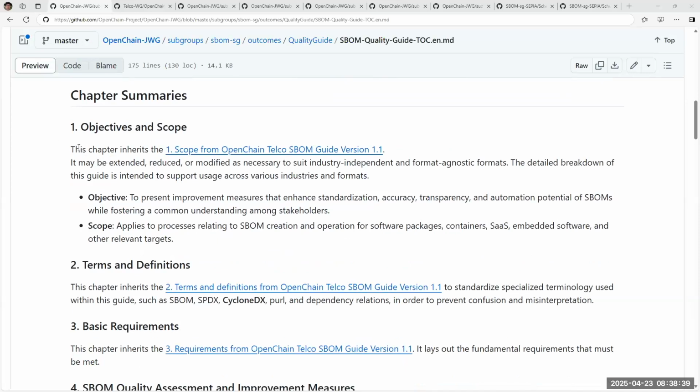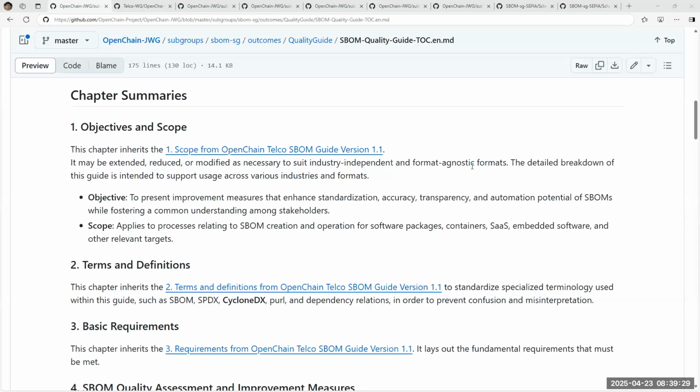As I explained at the initial timing of these meetings, we already have the good telco SBOM guide. But the telco SBOM guide only describes the SPDX format and focuses on use within the telco industry. So, of course, we should inherit from the telco SBOM guide, but we should extend it, and sometimes reduce or modify it as necessary to suit an industry-independent and format-agnostic style.